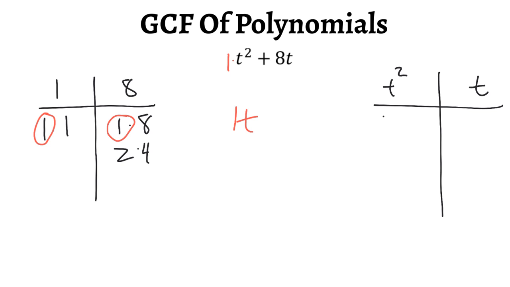I'm going to break it down. This is t times t, and this is just t times 1, right? Just t. They both share a t. So I take the greatest common factor of the number, the greatest common factor of the variable, and 1t is what both terms have in common.